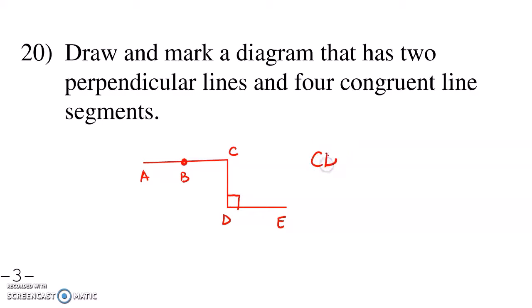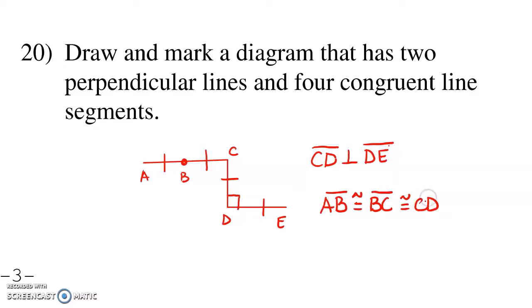That makes CD perpendicular to DE. And then using my tick marks, I'm going to say that AB is congruent to BC, is congruent to CD, is congruent to DE. So even though they may not always look perfectly equal on the diagram, it doesn't matter. What matters is the tick marks.